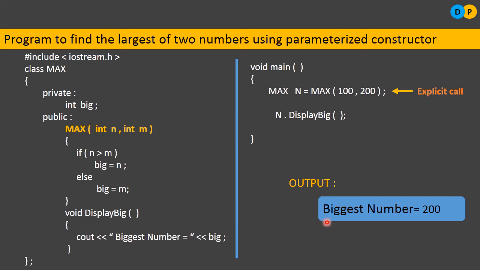So the output will look like this: Biggest number is 200. We are not asking the user to enter any numbers. Directly the object will be created. For the object we are passing arguments using an explicit call. We are calling the constructor. What type of constructor? Parameterized constructor. Explicitly here we are calling.